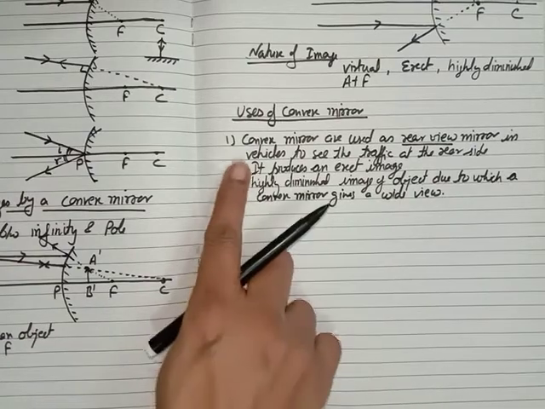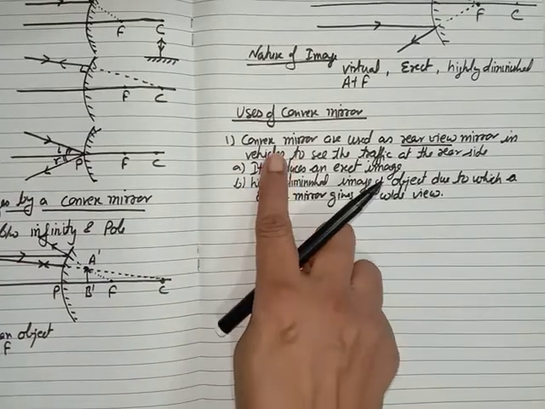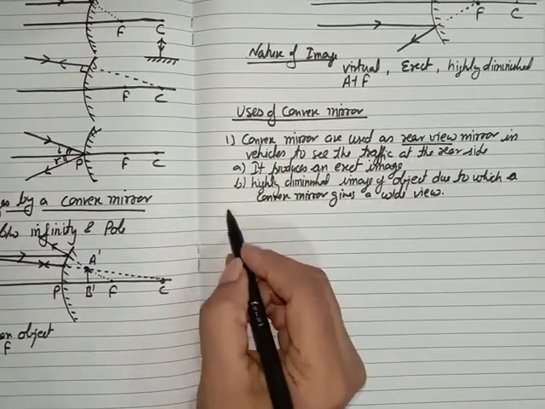Okay, so these are the two reasons why we use the convex mirror as a rear view mirror. Now the second one is this.